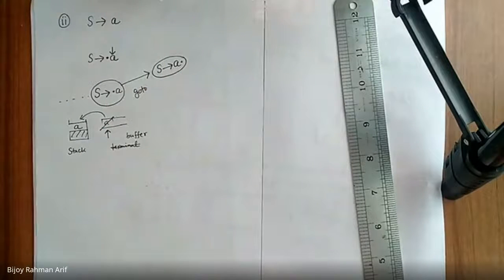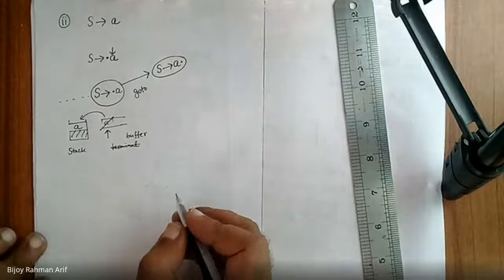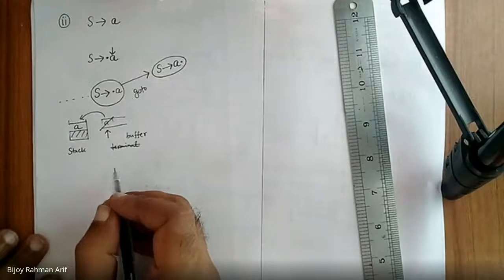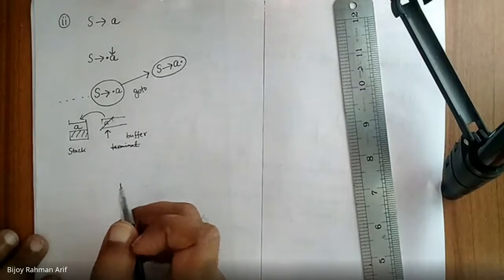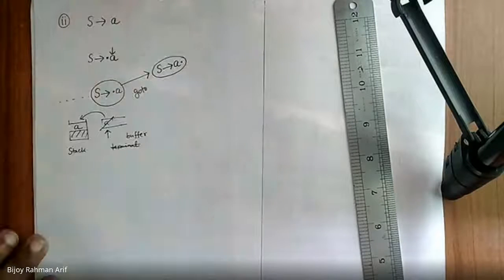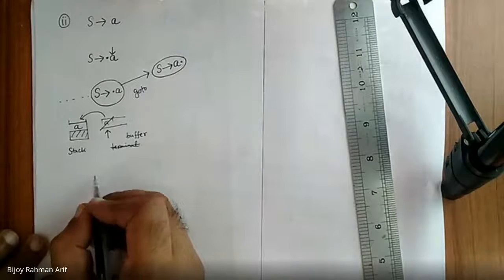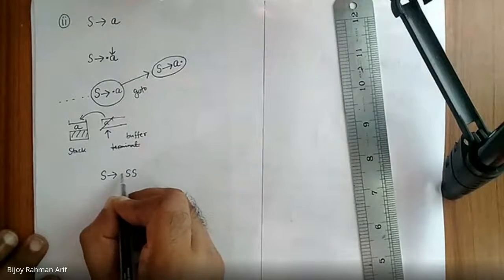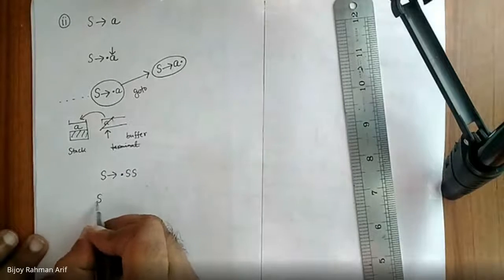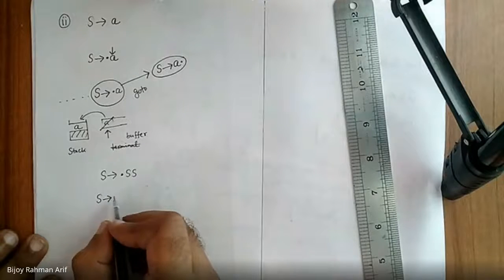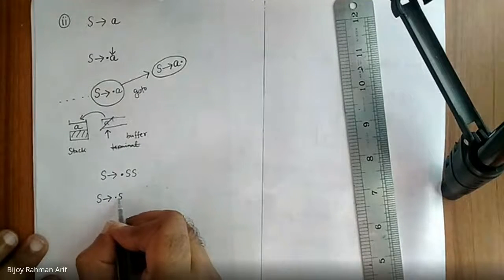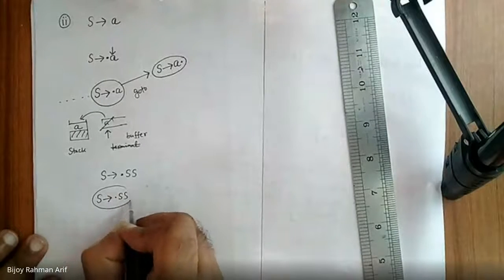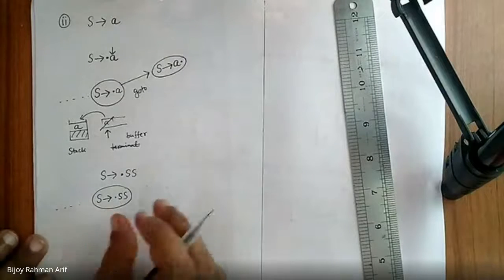Remember. Same way, let's take this. So this is the GOTO operation. Okay. Now let's take this: S derives S. Initially it is like this. This is my state. I might come from some places to this state.